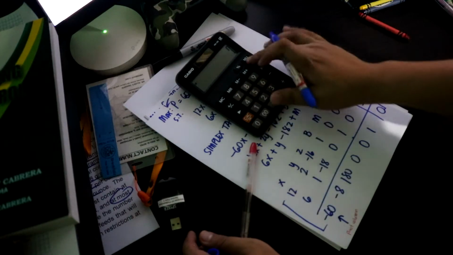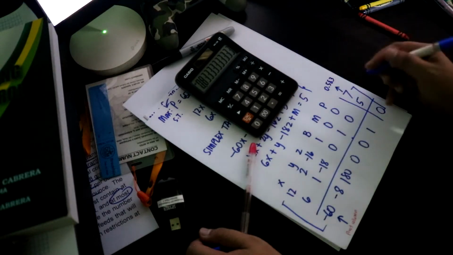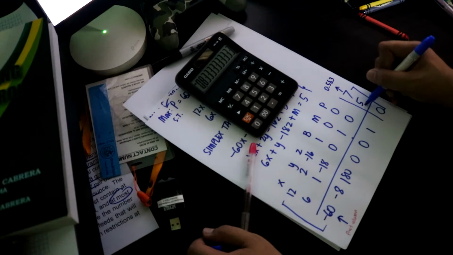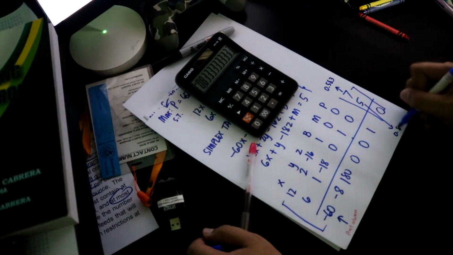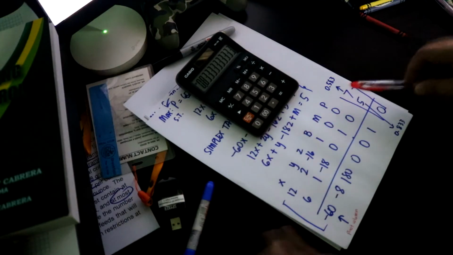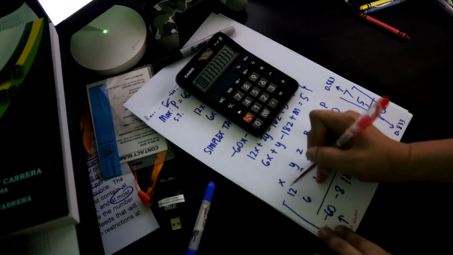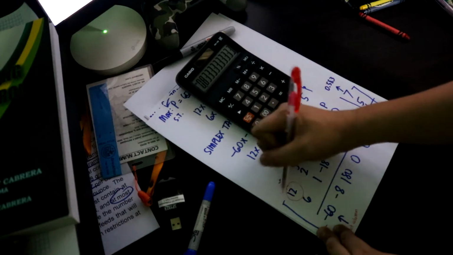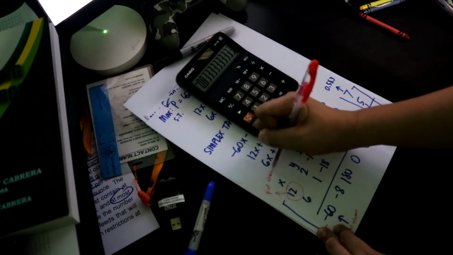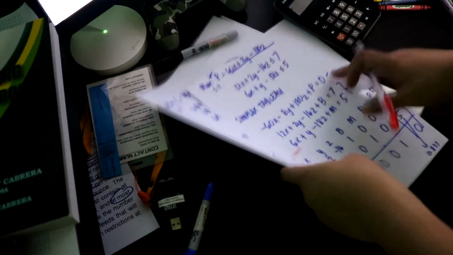And then 5 over 6 is 0.833, and the smaller number would be 7 over 12, and that is why 12 here becomes now our pivot element. And now we can perform our row operations.